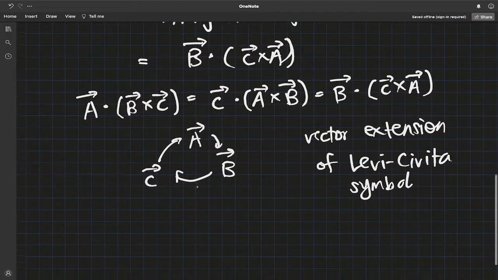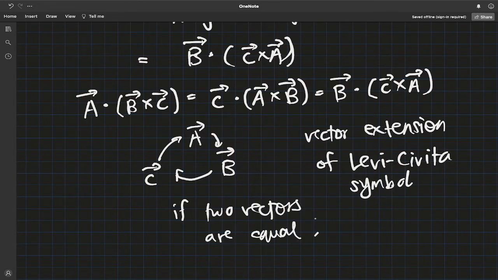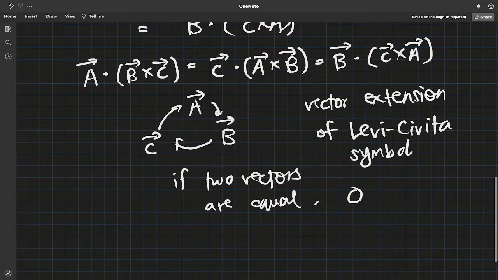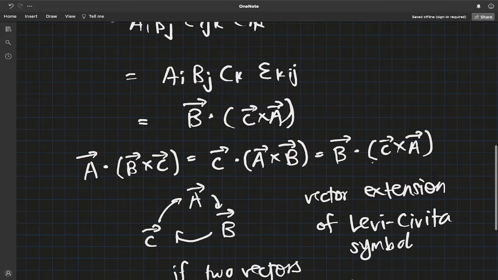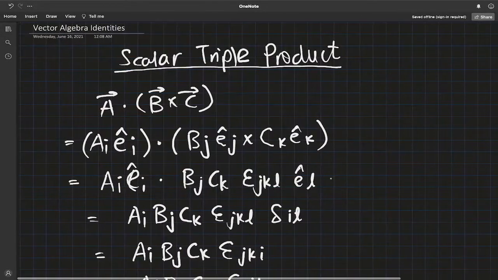And again, as you might suspect, if two vectors are equal, then the scalar triple product is 0. Again, which kind of makes sense if you connect it back to the Levi-Civita symbol, because two indices that were the same resulted in a 0 Levi-Civita symbol. So yeah, you see how that works.